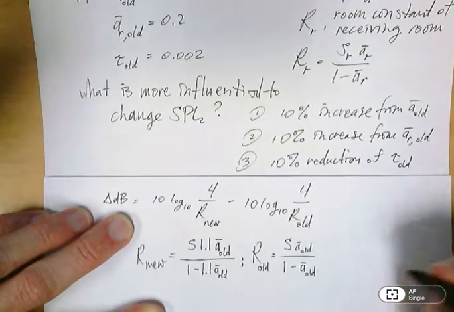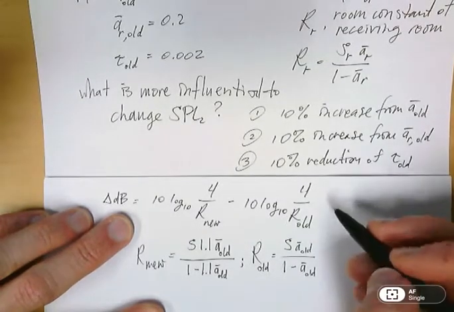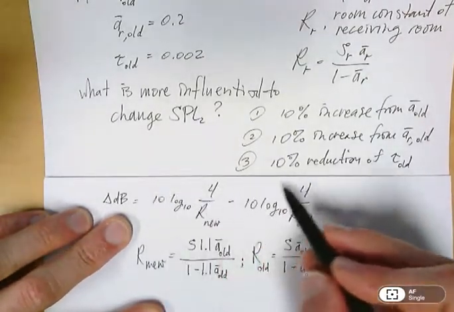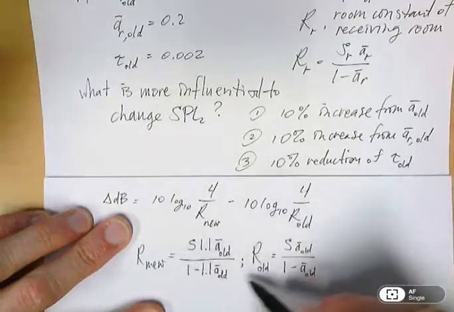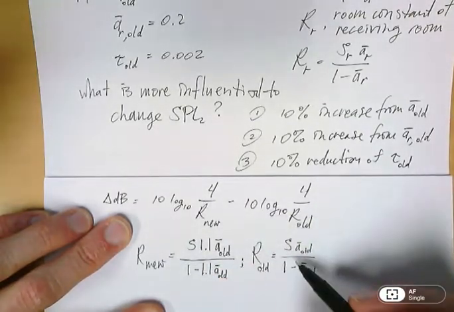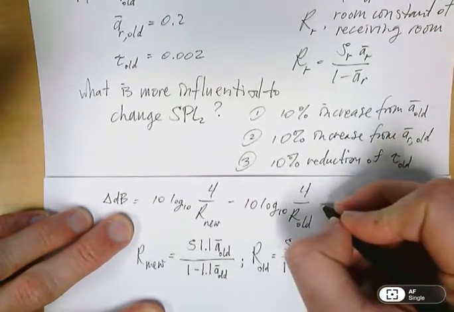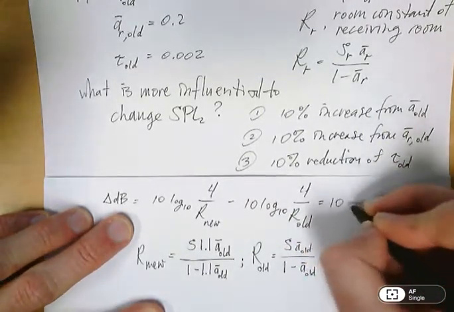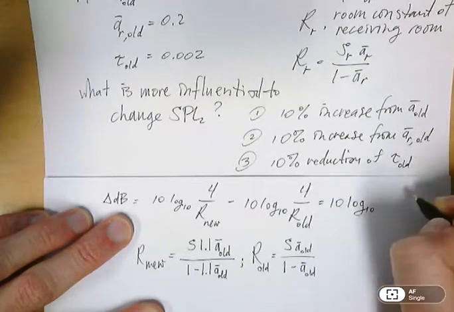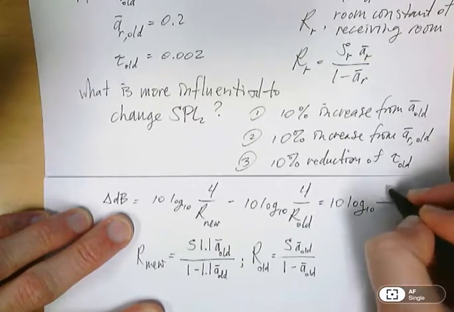Now note that we can simplify this delta dB using just these values, because due to the logarithm here, we could also write 10 log 10 R old on R new.